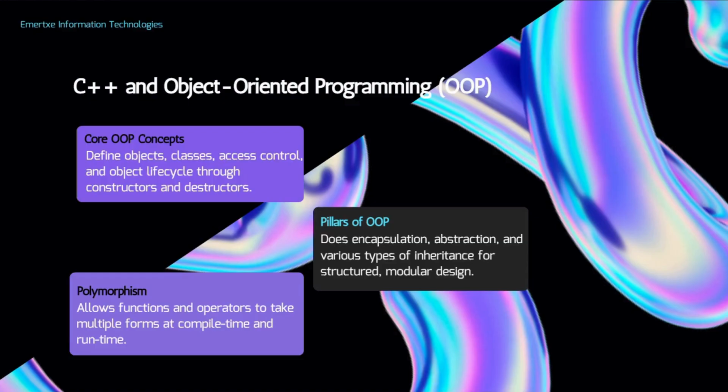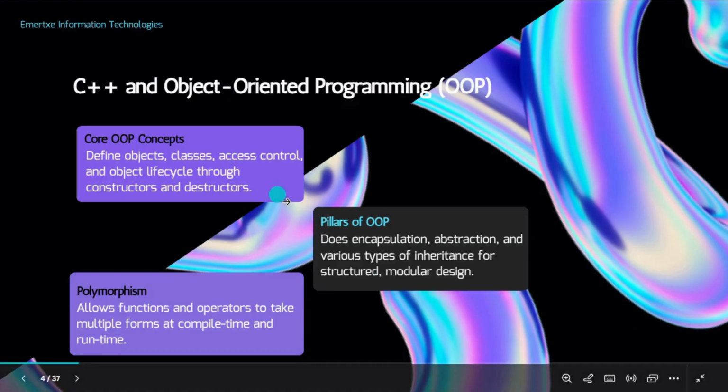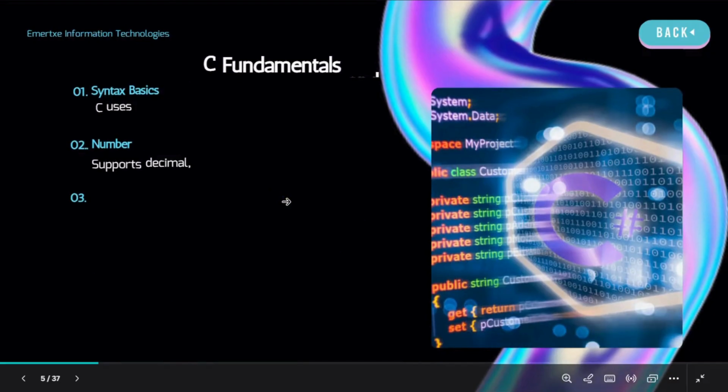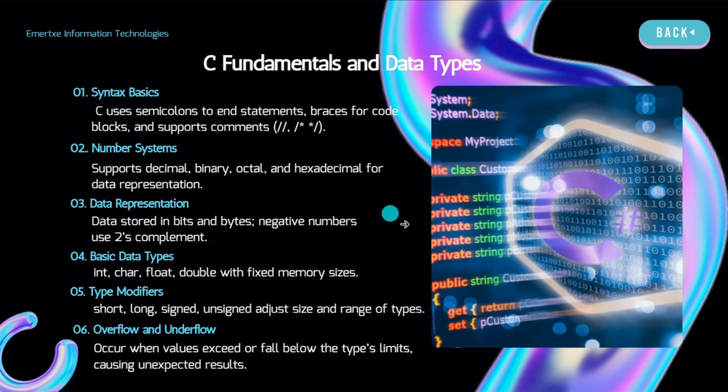We learned about classes and objects, access specifiers such as private, public, and protected, constructors, which initialize objects, and destructors, which clean up. This helps us design more complex systems in a structured way.